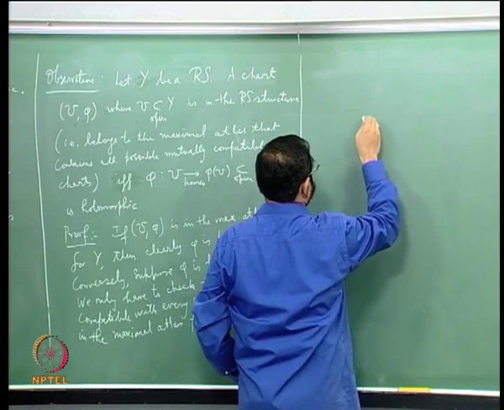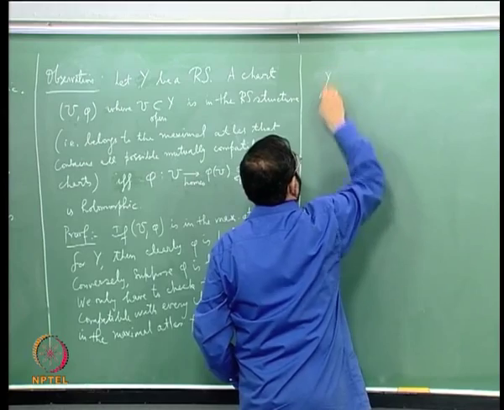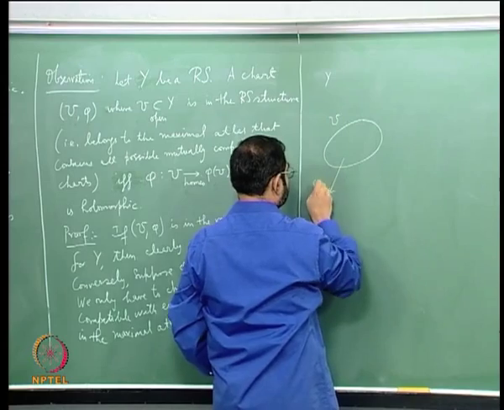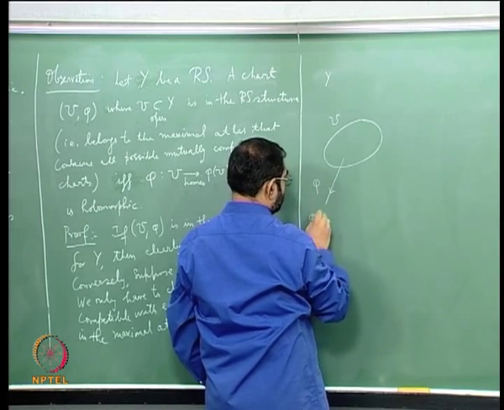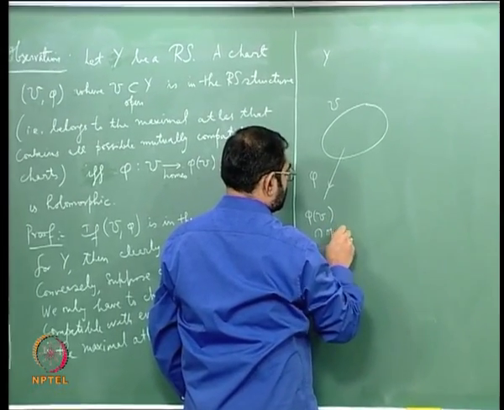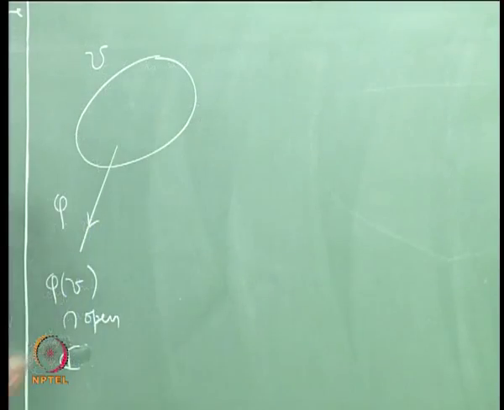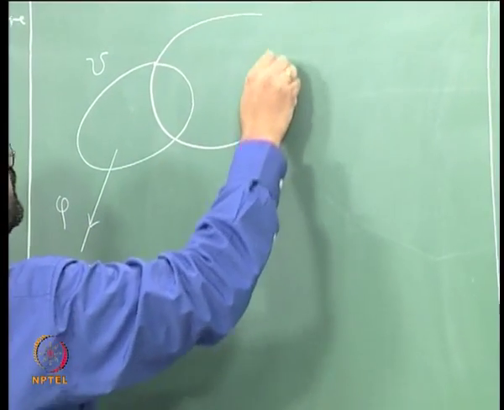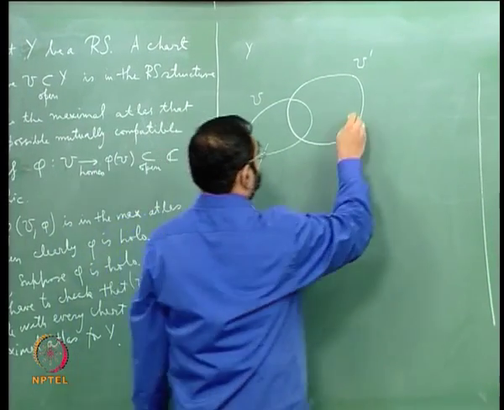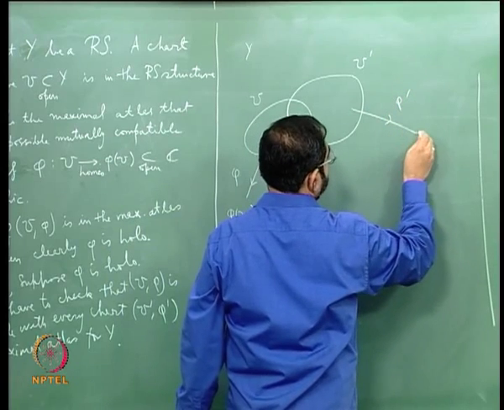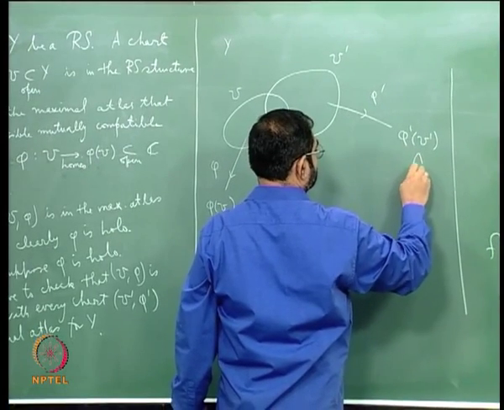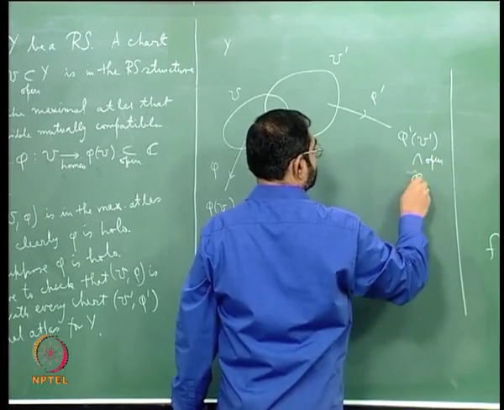The situation is like this: you are on Y, and there is this U, and there is a phi which is a homeomorphism onto phi of U, which is an open subset of the complex plane, and you are given another open subset U prime, and a map phi prime which is a homeomorphism onto phi prime of U prime, again an open subset of the complex plane.